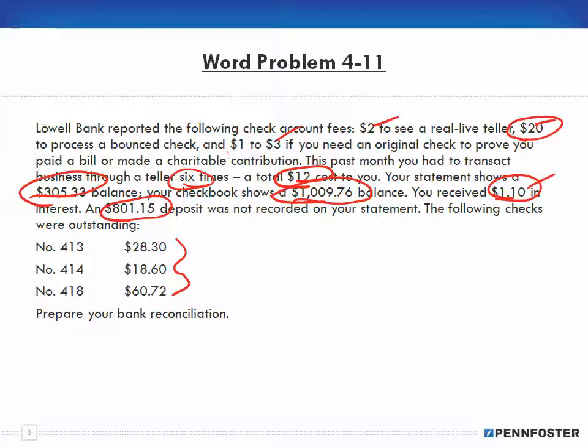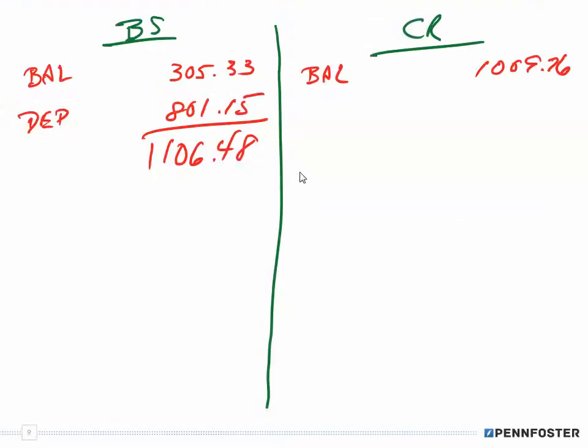And it's telling us that you need $1 to $3 if you need an original check to prove you paid a bill or made a charitable contribution, which you didn't do either. So this is just extra information that's not needed as far as solving this problem. The only thing we have here is this $12 cost to you for seeing a teller, and that will be on our check register side.